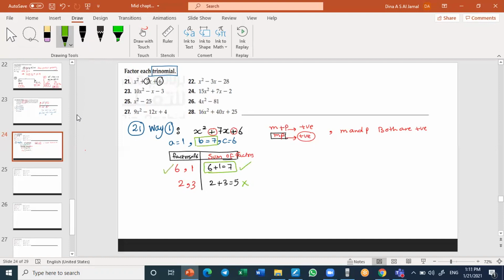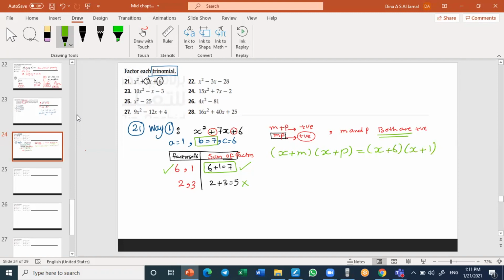That means I want these two factors, and I know already that both of them are positive. So let's now open brackets. x plus m, x plus p will be equal to x plus 6, x plus 1.